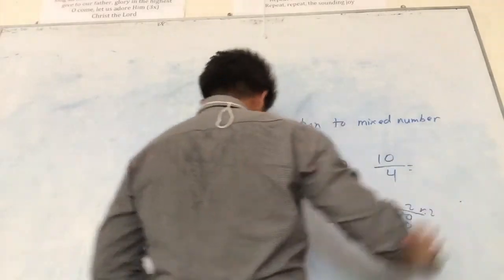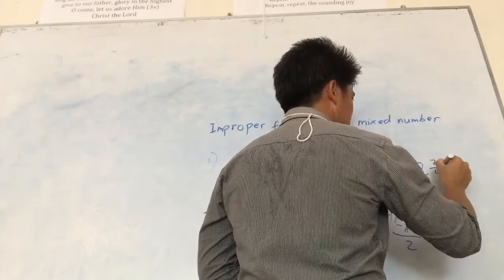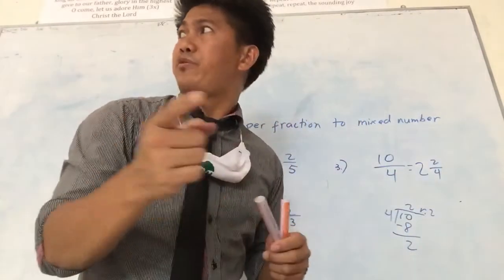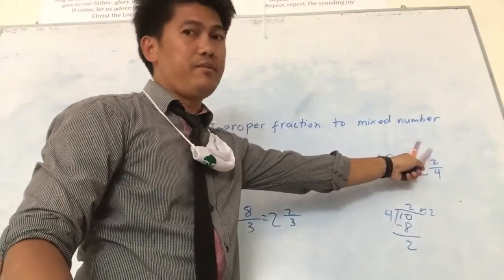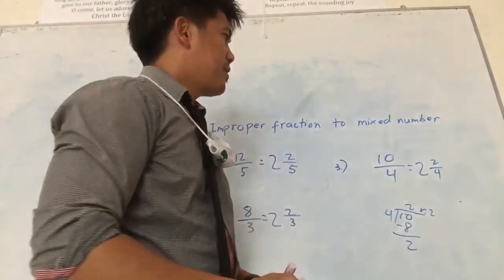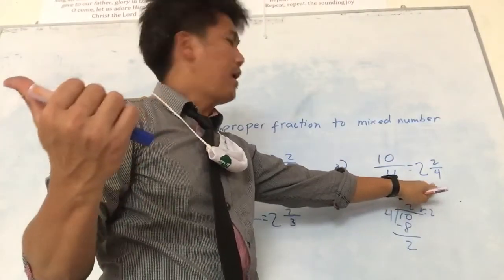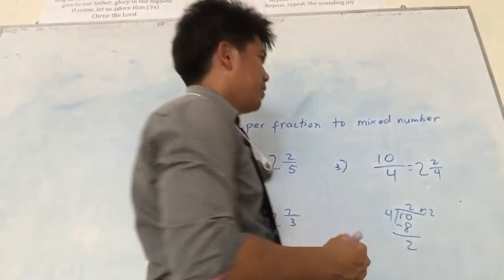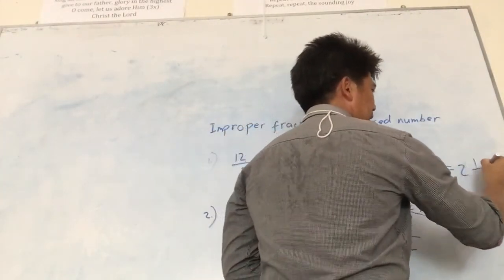Write it again: 2 and 2/4. You see, this 2/4 can still be simplified. It means there's a GCF in both these numbers. That's what you're going to learn in the next video that I'm going to show you. So the final answer for this is 2 and 1/2.